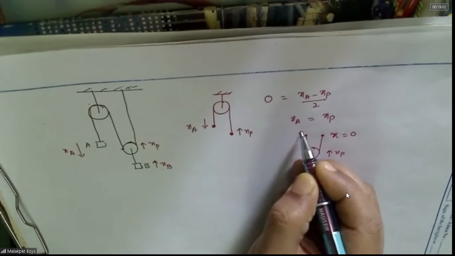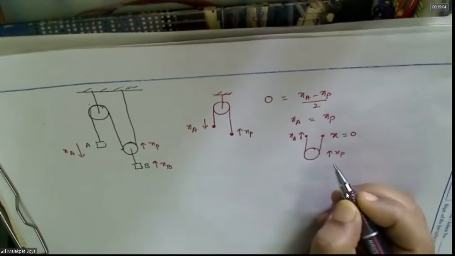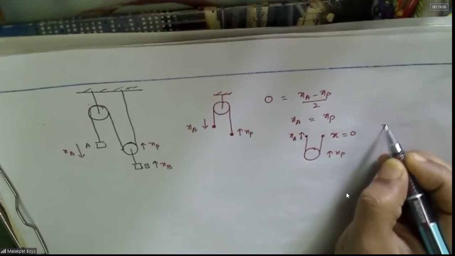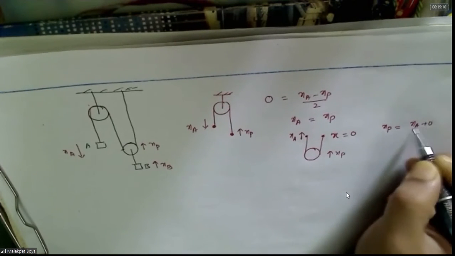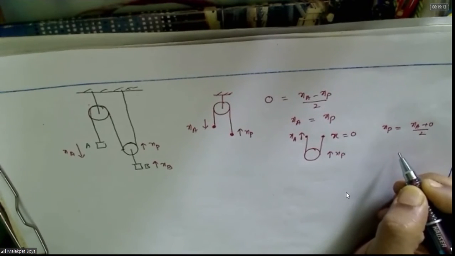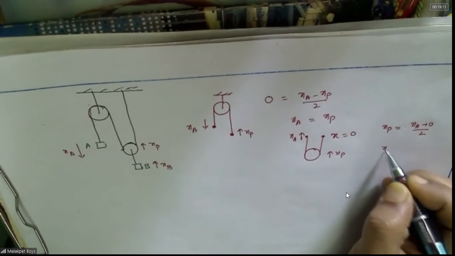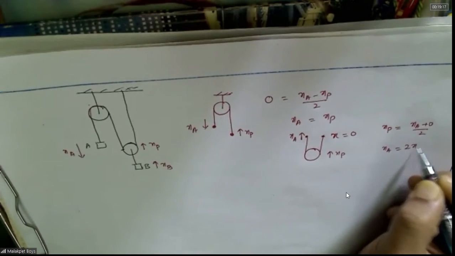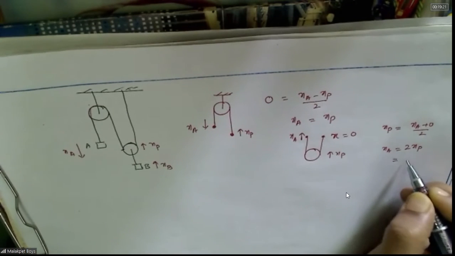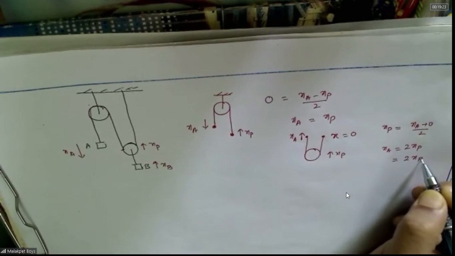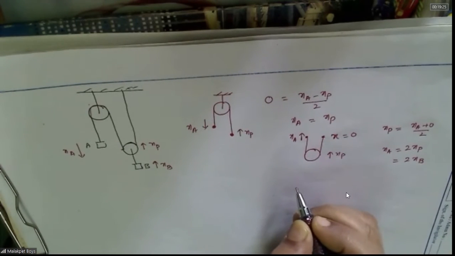So this is also having XA or not? Yes, sir. So XP equals XA plus 0 by 2. Do you agree with this? So XA is 2XP. This is nothing but displacement of this one. Do you agree with this?